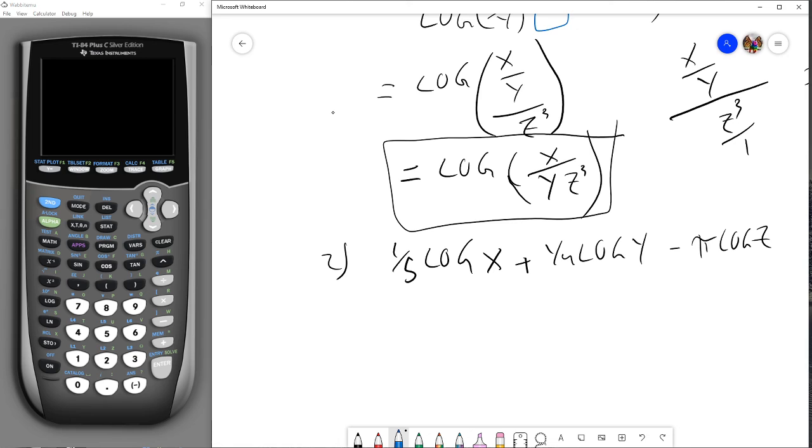Doesn't matter if you take care of the addition first or the subtraction first. What does matter, however, is these coefficients. This must be done first before we tackle the addition or subtraction. So, using our laws of logs, we have the following.